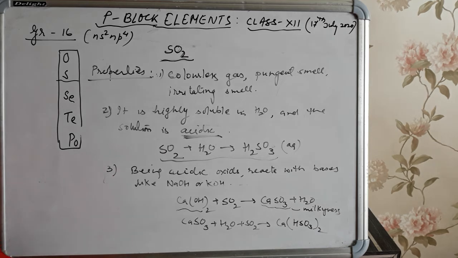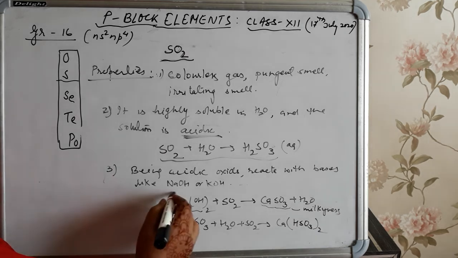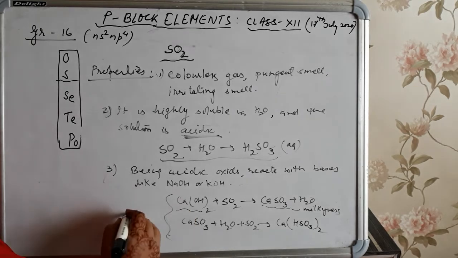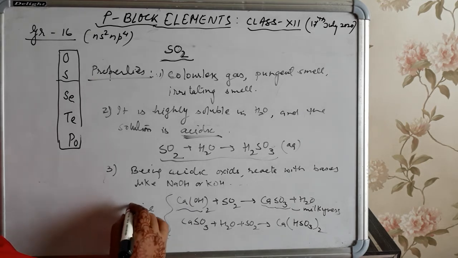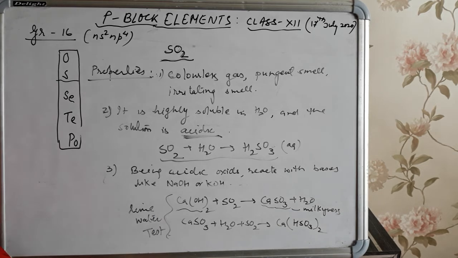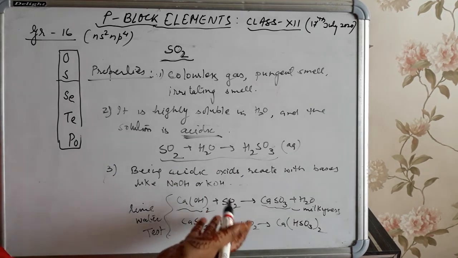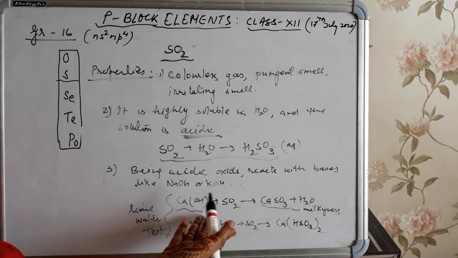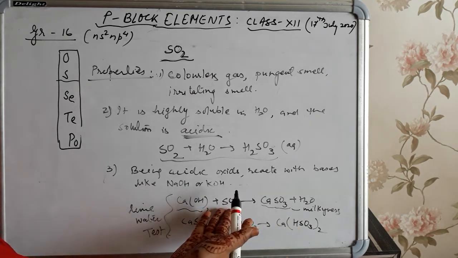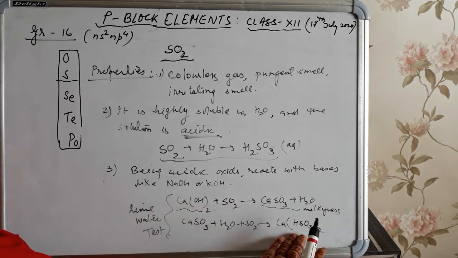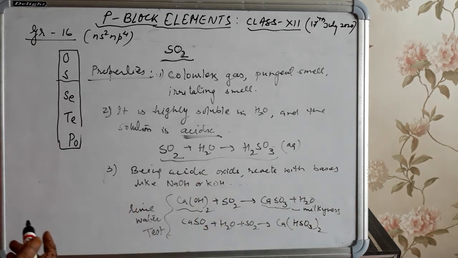So remember, it is an important reaction of the lime water test. By using lime water, you can find out the gas evolved during the reaction of copper and sulfuric acid. When this sulfur dioxide passes through calcium hydroxide, milkiness appears, and when excess sulfur dioxide passes through this solution, milkiness disappears due to the formation of this compound.